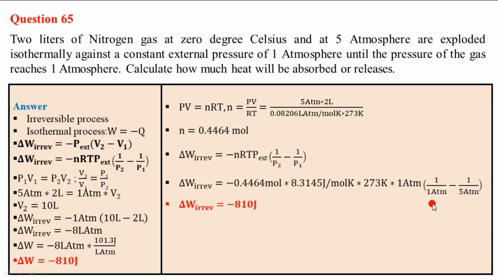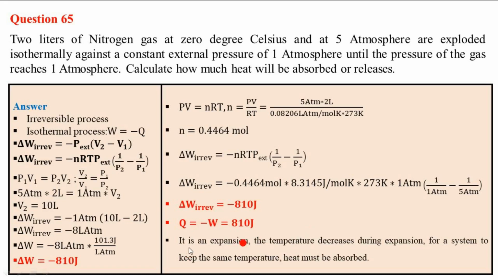After using this formula, we will see that the work done is equal to this value, and the heat will be positive, and the heat is absorbed, since it is an expansion. The temperature decreases during expansion, and for a system to keep the same temperature, heat must be absorbed. The system is absorbing the heat so that the temperature stays constant.